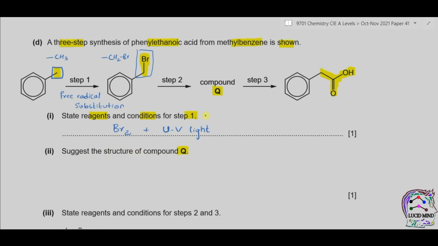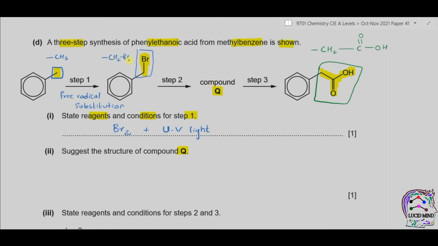Suggest the structure of compound Q. Now, as we can see, in step 3 we have 2 carbon atoms present: CH2, C double bond O, OH. While in this part we only had 1 carbon atom with the benzene ring, so we need to increase 1 carbon atom, and a carbon atom can be increased by using cyanide.